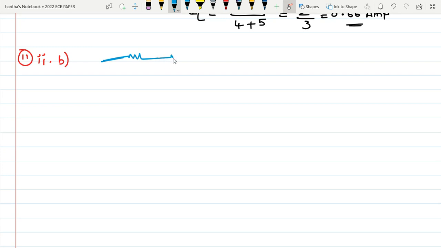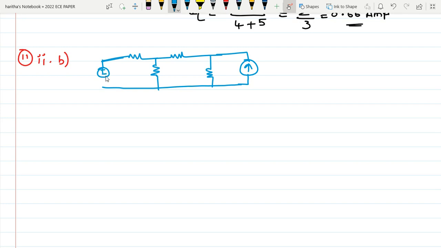So the circuit given, I'm drawing here. This is a 9 volts battery.